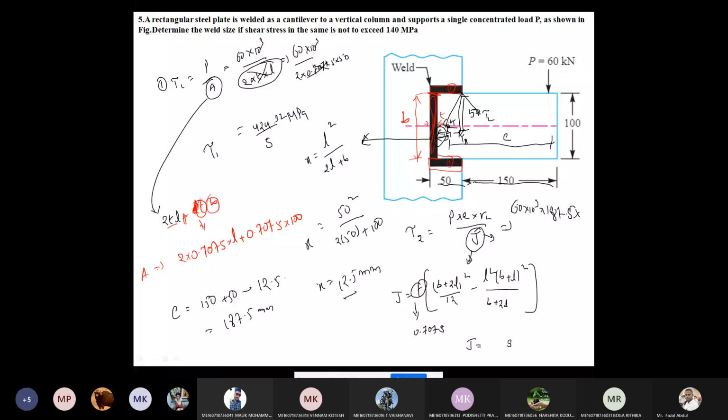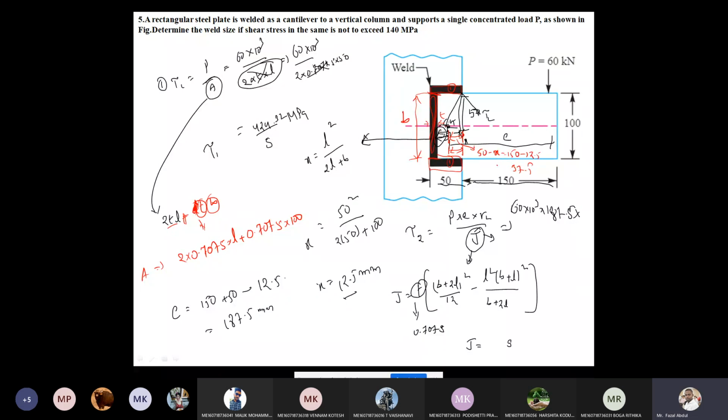From the center of gravity to this point, the distance is 50 minus X, that is 50 minus 12.5, which is 37.5.